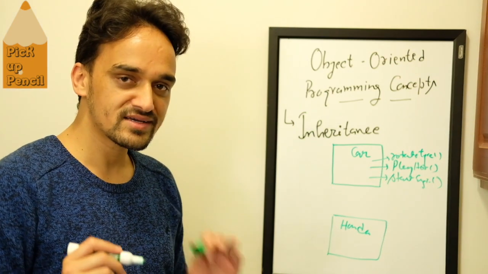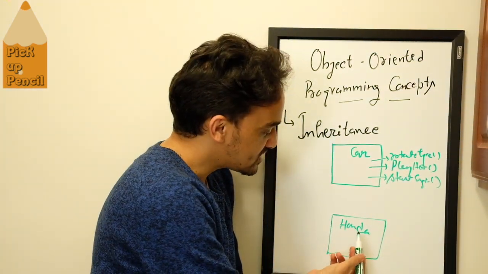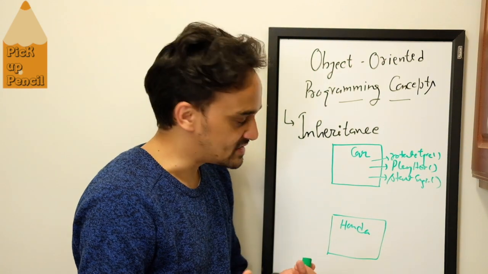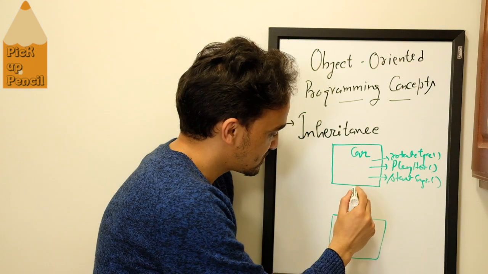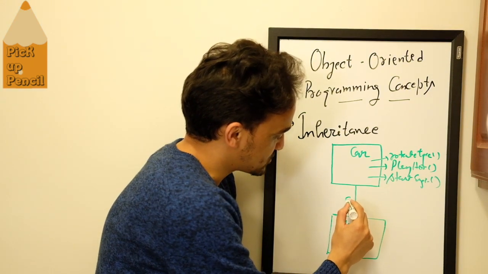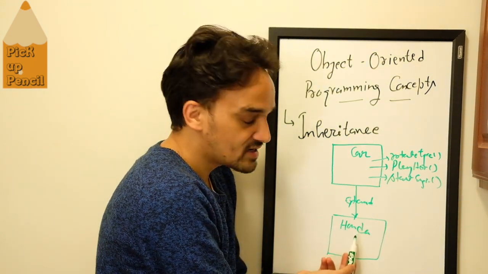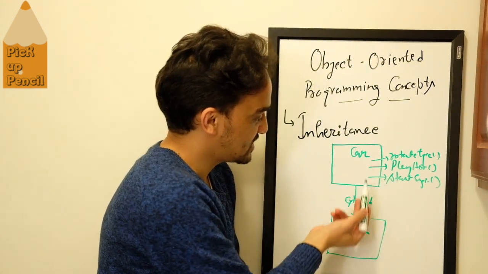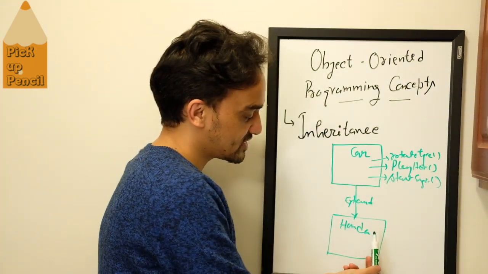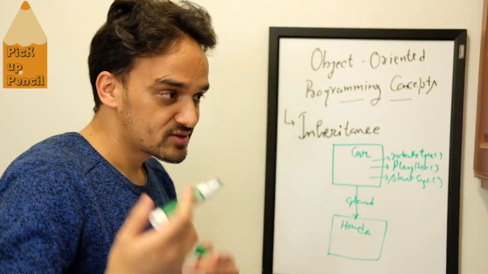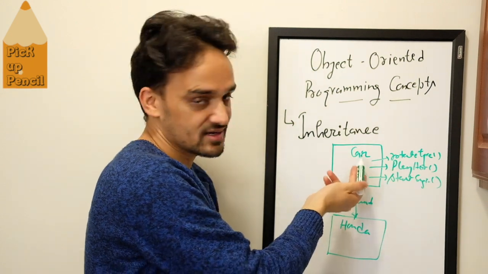So now Honda is again a car. So what we are doing is, Honda is going to inherit the properties and behavior from the parent class car. The Honda car is going to extend the car class, and that is how Honda is going to access the properties and the methods from the parent class, which is car.